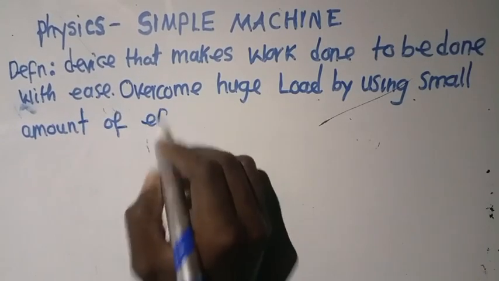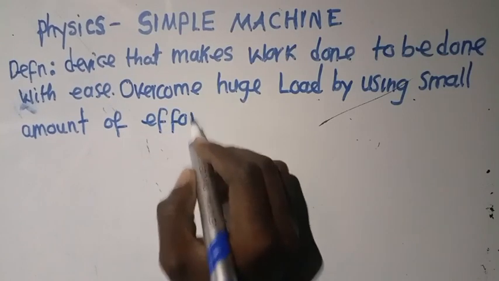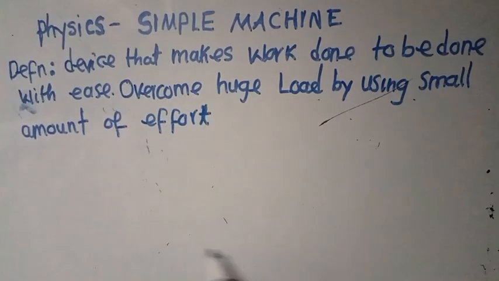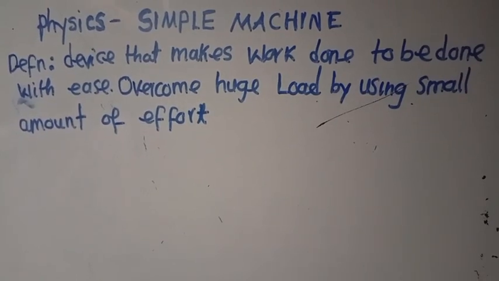Small amount of effort. This is what you are supposed to know. This is what you need to get and understand. I believe you are able to follow through and understand all these things that I'm teaching you. So this is what you need to know on a simple machine.